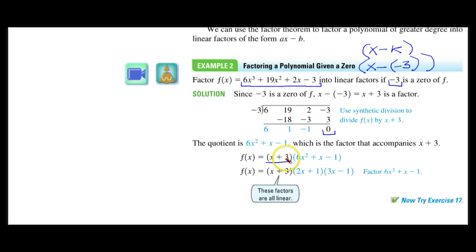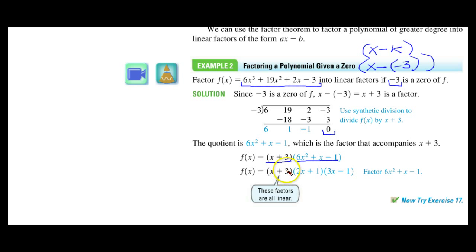So that's where the positive 3 comes from. A little bit tricky. And if we multiply this by this, it gives us this up here. So x plus 3 is a factor.